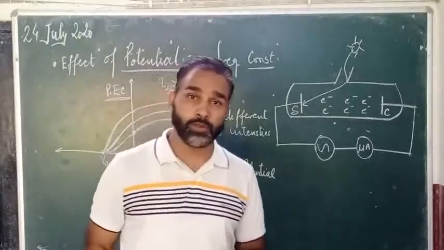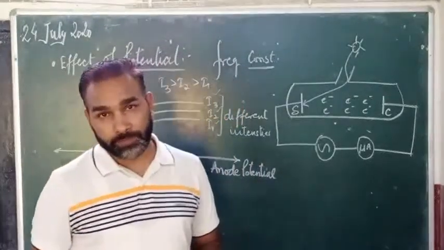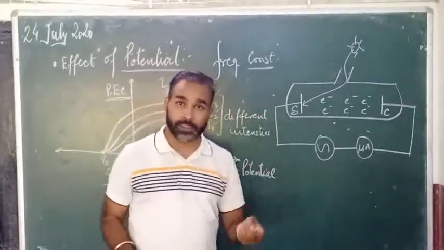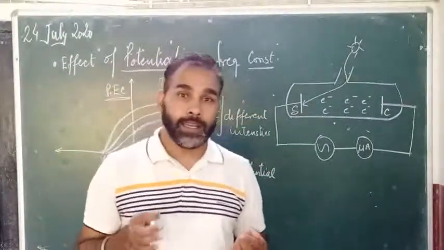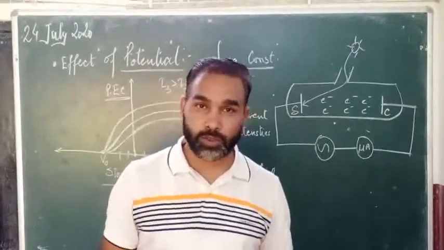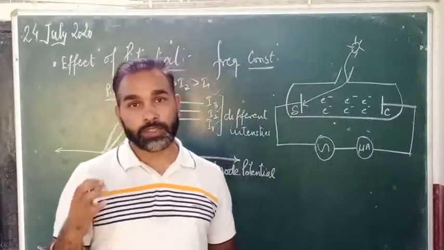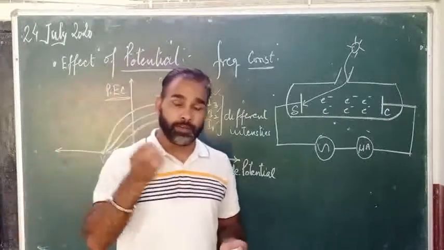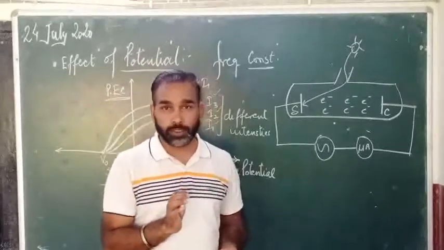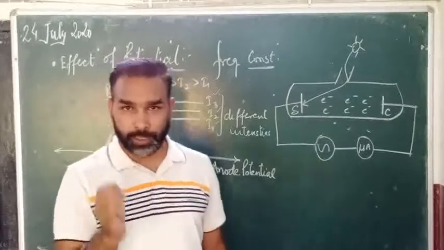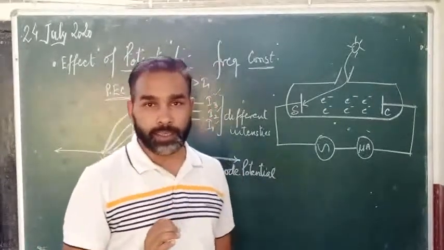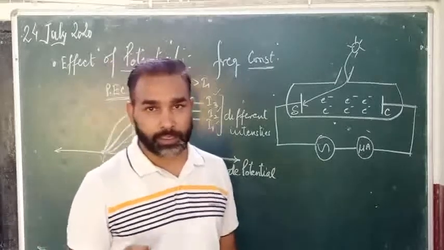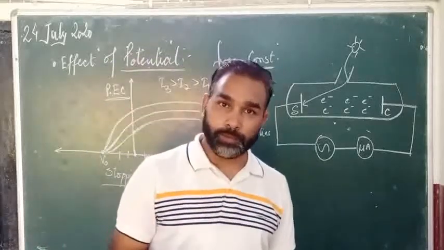अब उसी हिसाब से उन्होंने ग्राफ को ड्रॉ किया। जैसे पहले केस में इफेक्ट ऑफ इंटेंसिटी में, without applying any external source or external potential, there was some flow of photoelectric current because of the particular frequency of light incident on the photosensitive plate, which starts emitting electrons, and because of the emission of electrons, the photoelectric current starts flowing.